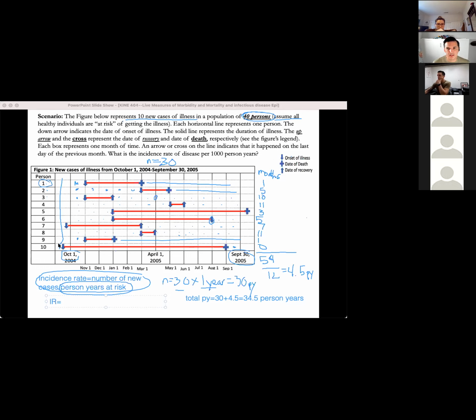The 2 down arrows that occurred before October 1st, 2004 don't count because those were not new cases of disease during that time period. So there's 8 new cases of disease divided by my number of person years, 34.5.